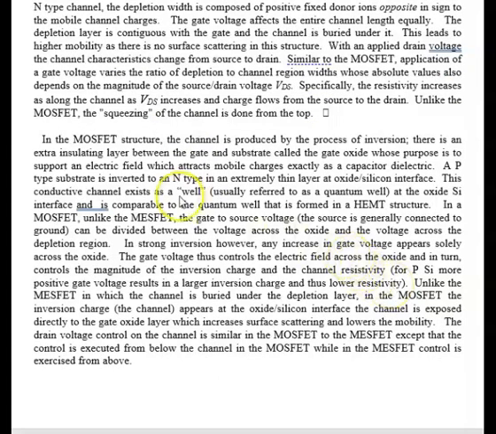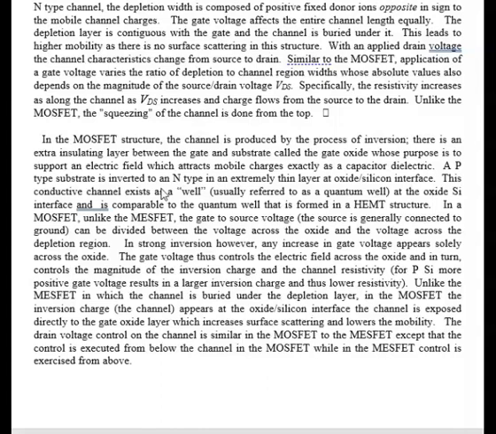And I would suggest that the fact that they are so similar is really quite amazing because they're formed so differently. In the MOSFET, we form a channel by inverting the surface of the substrate, whereas in the MESFET, we have a channel which we deposit. So those are such different formations.